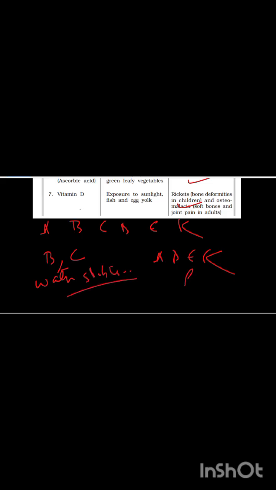Vitamin C, everyone knows, is scurvy, and rickets for vitamin D. Now vitamins A, B, C, D, E and K. Of this, vitamin B and C are water soluble, and A, D, K are fat soluble. I don't remember actually.